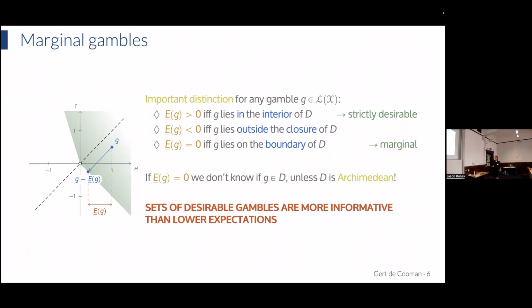This means that for a gamble that is already on the border, the lower expectation must be 0, because that's the distance.